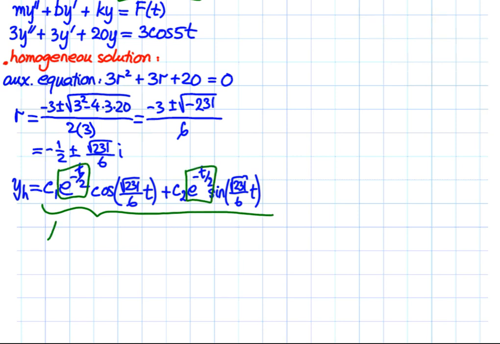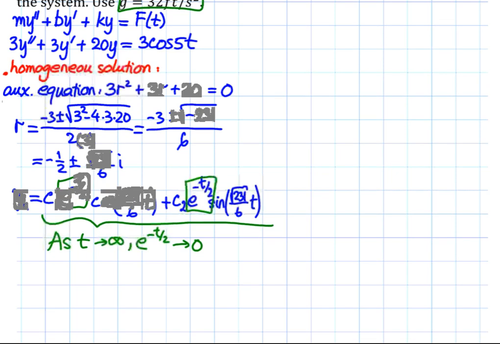As t goes to infinity, the e to the negative t over 2 goes to 0. So this solution goes to 0. That is called a transient solution, which is not a steady state solution.